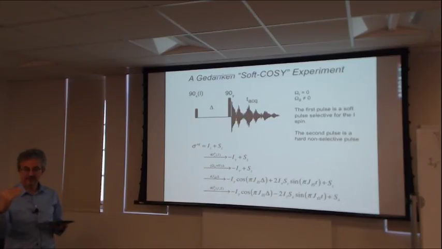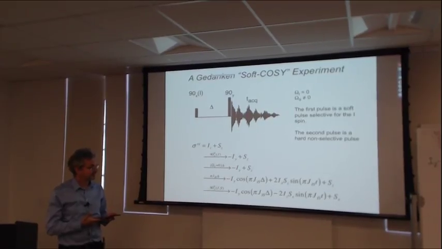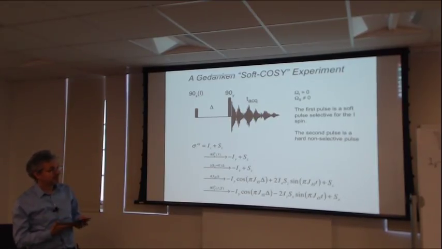Thumb along Y, finger on X, will rotate down to the minus Z axis. And then the Y pulse takes SZ, so the plus 2IXSZ term becomes minus 2IZSX. And then the SZ term becomes SX.